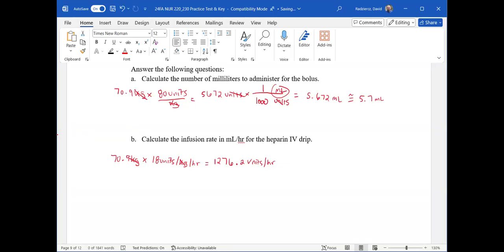Now, sometimes I'll write it like that. Sometimes it makes more sense to write it like units over an hour.